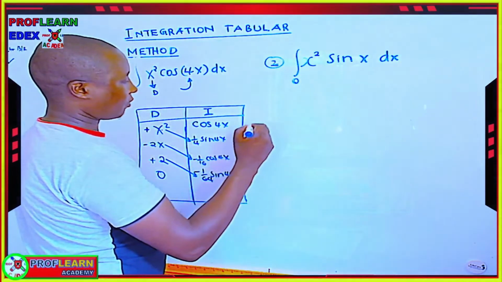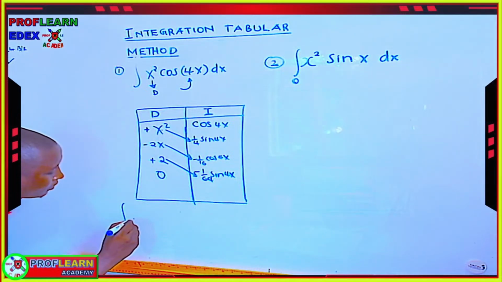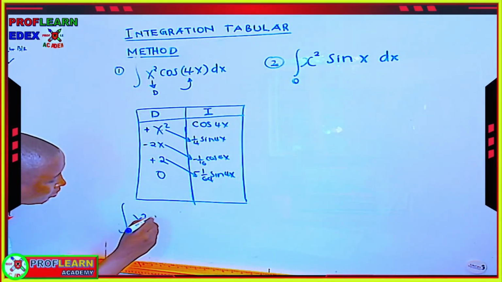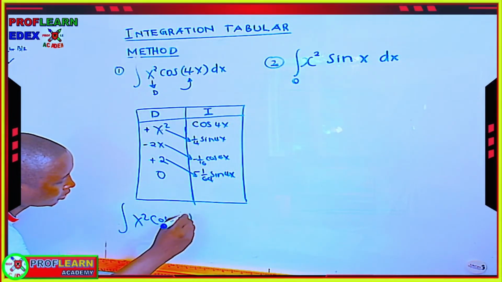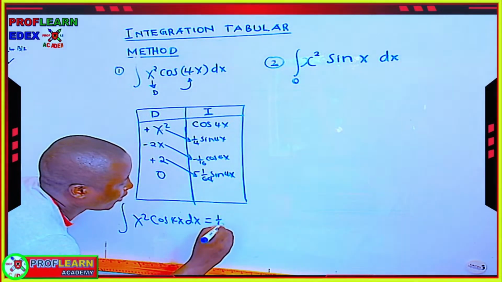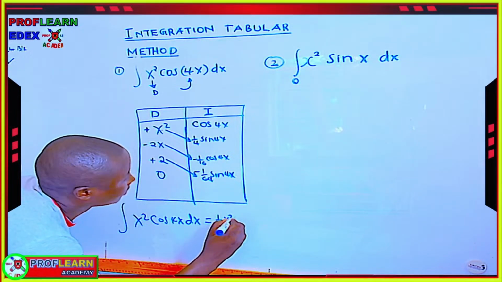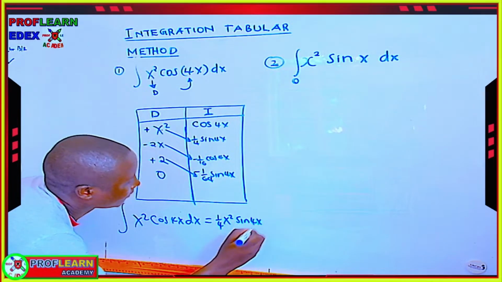So we shall say, therefore, the integral of x power 2 cos 4x with respect to x becomes 1 over 4 x squared sine 4x.